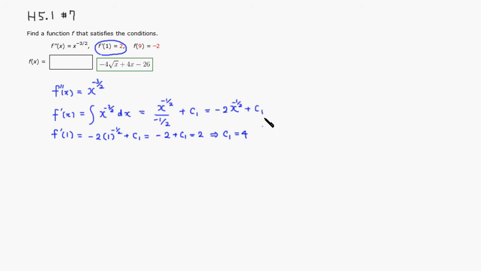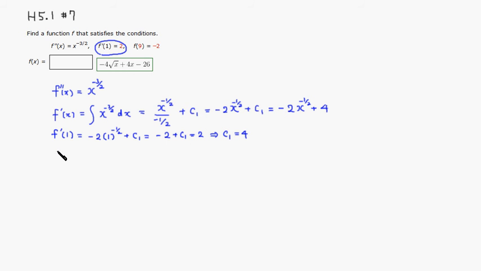So f prime of x is negative 2 x to the negative 1/2 power plus 4. Now we have a complete formula for f prime.